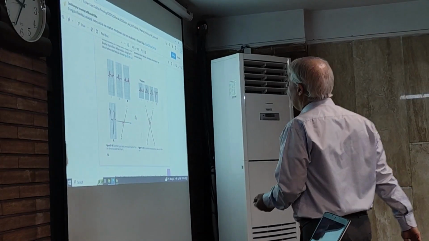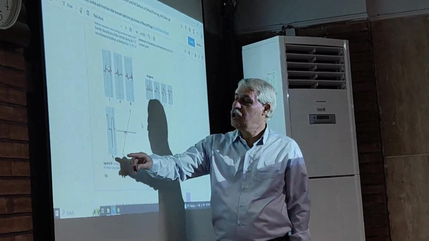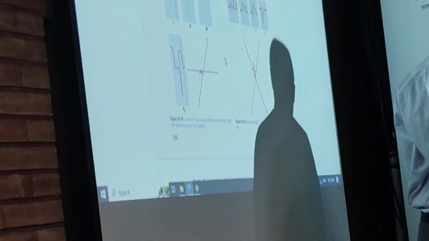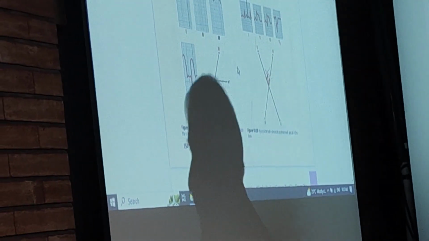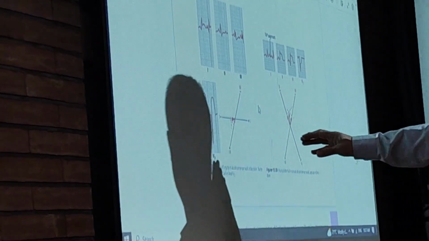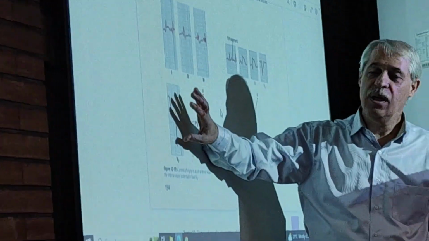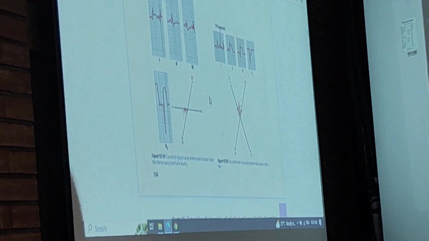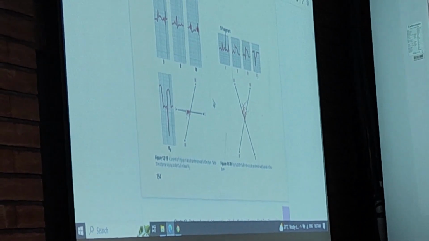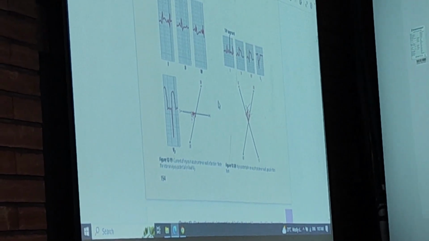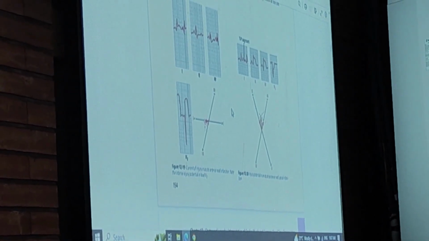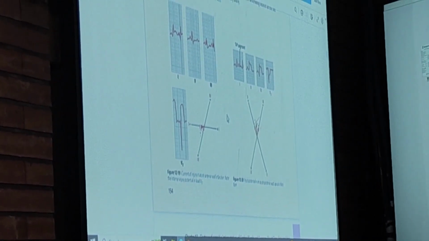How do we reach V2? V1, V2, V3, V4, V5, V6. In V2, you have the same situation. Those who know electrocardiography use ST segment changes in the clinic to guess myocardial infarction.